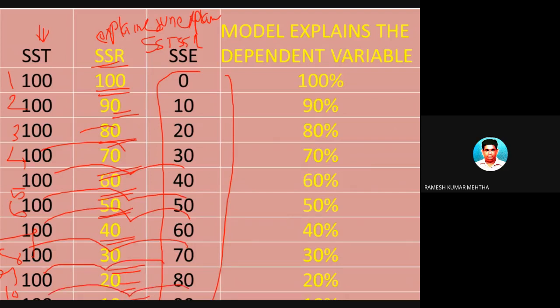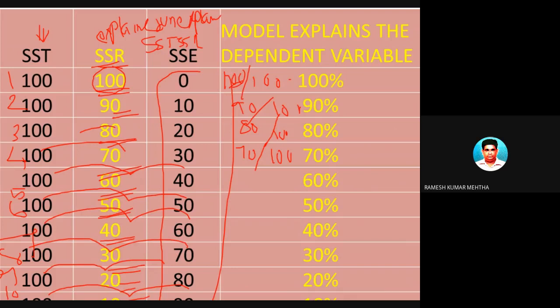Now let's discuss the strength of the model. Here 100 divided by 100 means the total variance is 100, and the total explained also is 100. In the second case, out of 100, 90 is explained. In the third case, out of 100, 80 is explained. In the fourth case, 70 is explained.